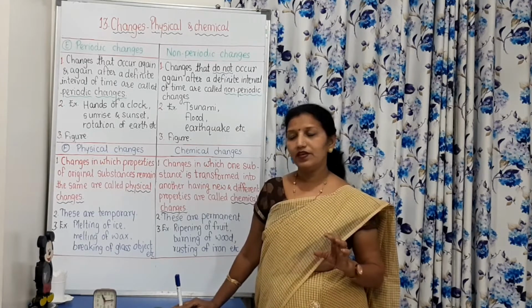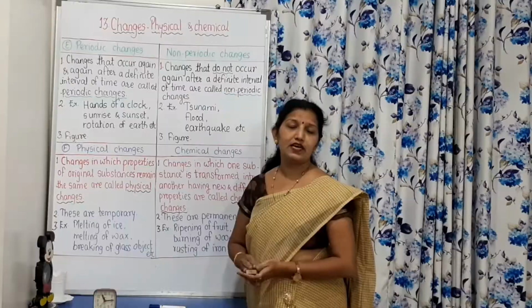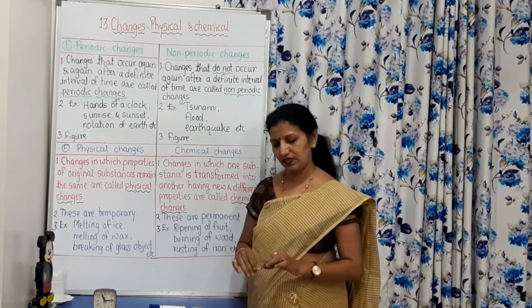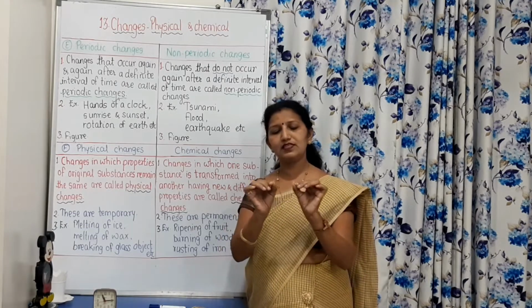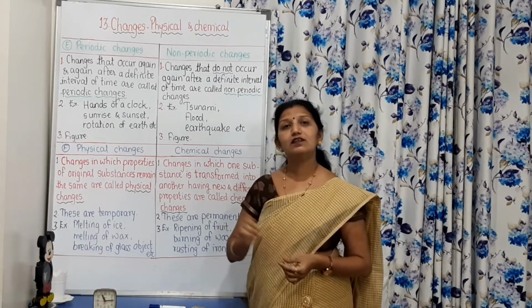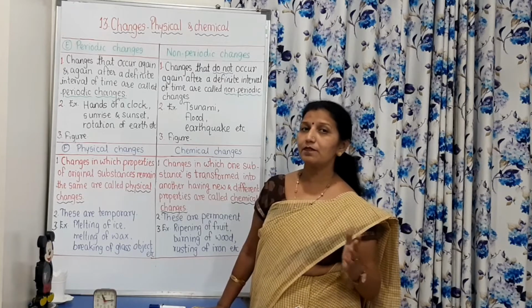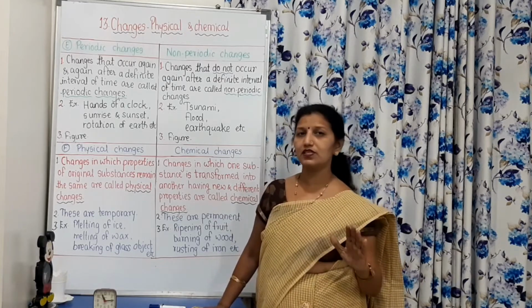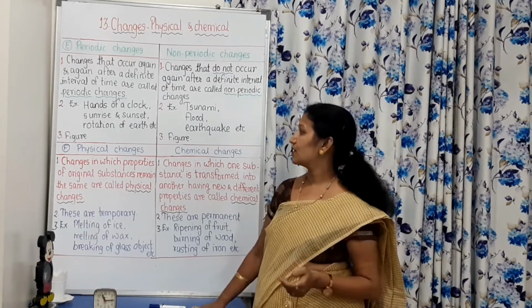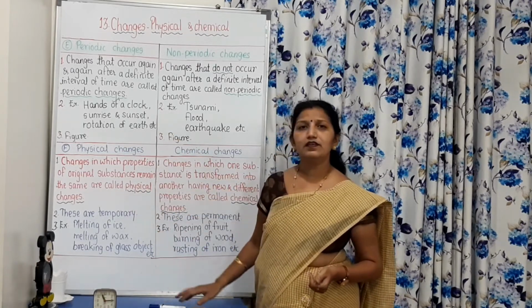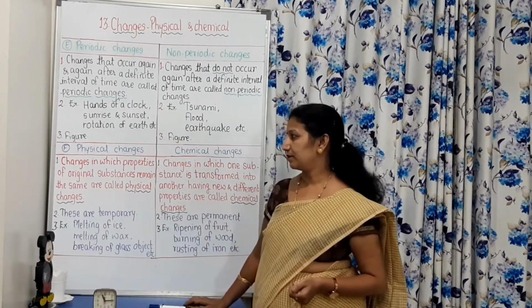Suppose we break the glass. At that time, the pieces of glass have the same properties. Suppose I am breaking this stick. The pieces of this stick will have the same properties. There will be no change in the original substance. Then these are temporary changes.